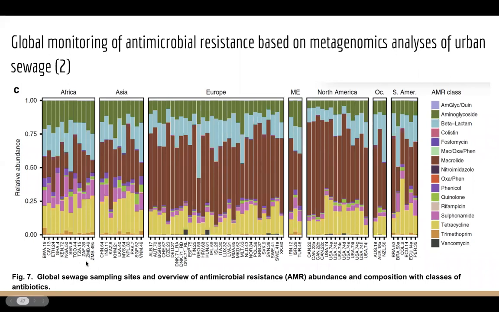That means we are using these antibiotics and passing them out, or companies that are producing antibiotics are also pouring their effluent into the environment without proper treatment.